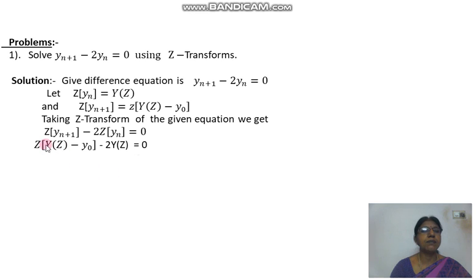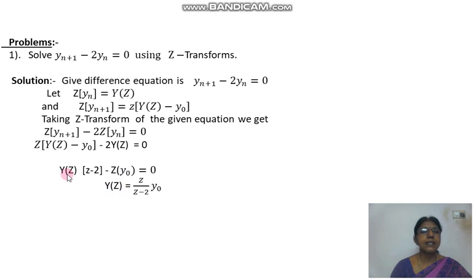Here we have the y of z term, z into y of z, and here minus 2 into y of z. Take y of z common. Then you get y of z into z minus 2, and the remaining term is minus z y naught.